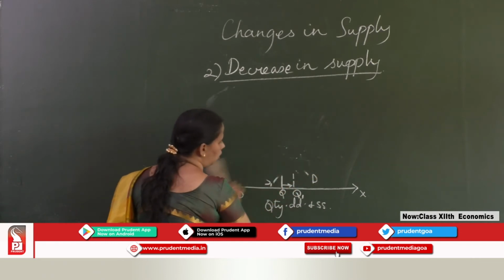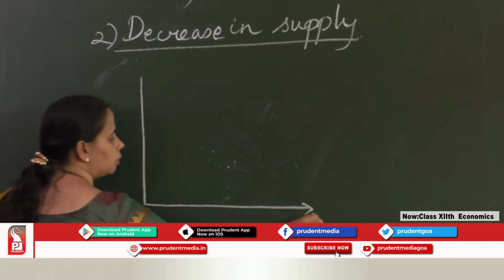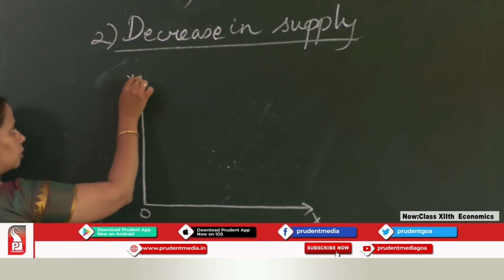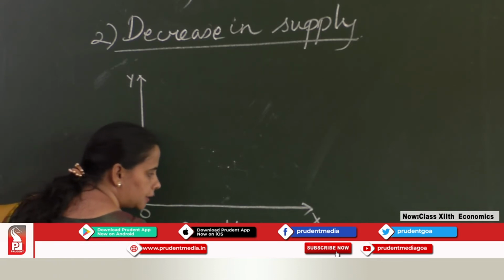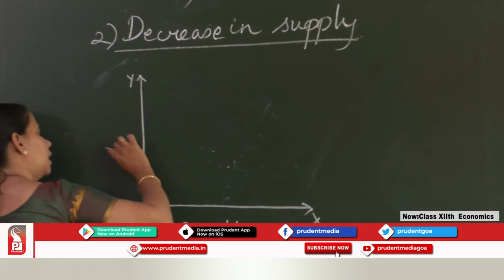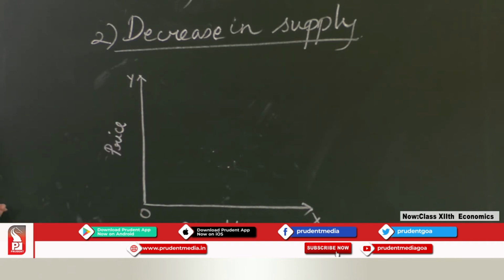Let us again draw the basic equilibrium condition where we have the quantity demanded and supplied on the x-axis and the price on the y-axis.